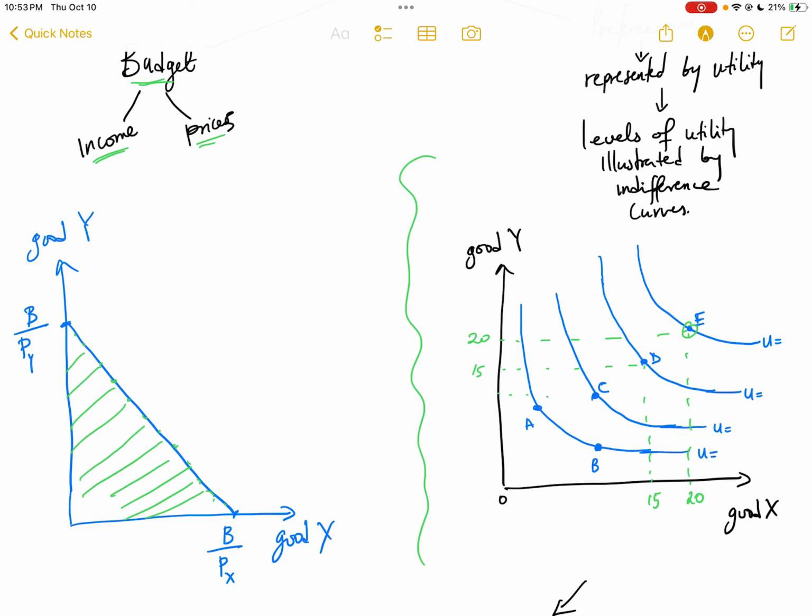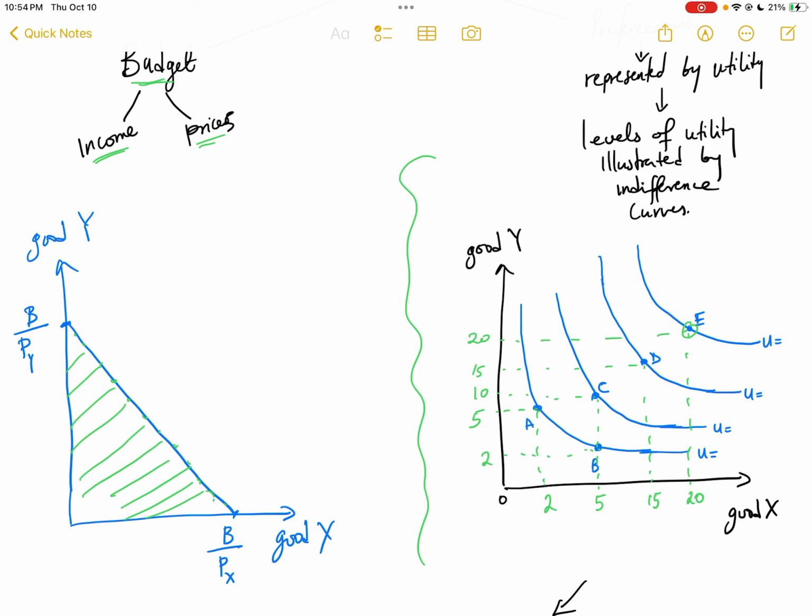The same argument follows when we are at bundle C. In bundle C, let's say we have about 10 units of good Y and 5 units of good X. In bundle B, say we have maybe 2 units of good Y and 5 units of good X. But then look at bundle A. In bundle A, you probably have 2 units of good X and let's say 5 units of good Y. As you see, bundle A and bundle B are on the same indifference curve, so we are indifferent between bundle A and bundle B. Why is that?